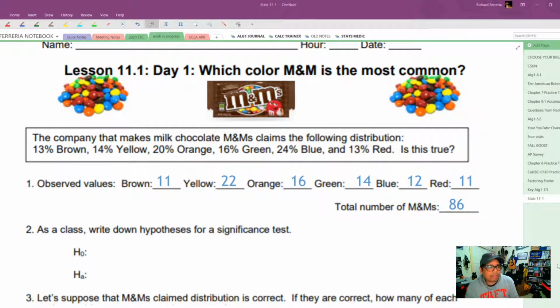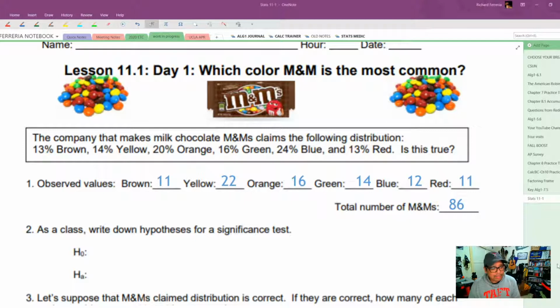Here's our example. The company that makes milk chocolate M&Ms claims to follow the following distribution: 13% brown, 14% yellow, 20% orange, 16% green, 24% blue, and 13% red. Is this true? What we would do in class is I'd give you all a package of M&Ms, you would count them, and then maybe eat them after you've counted them.